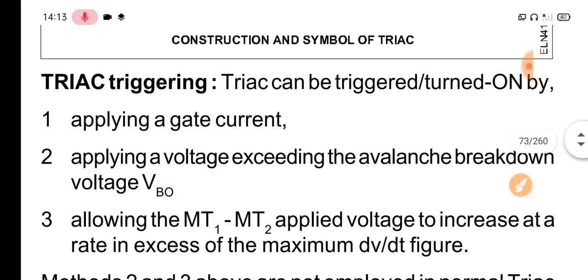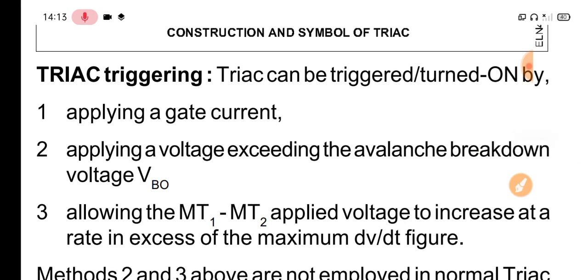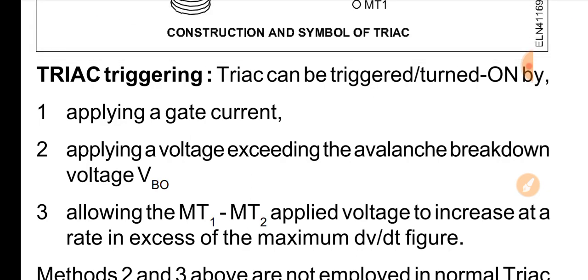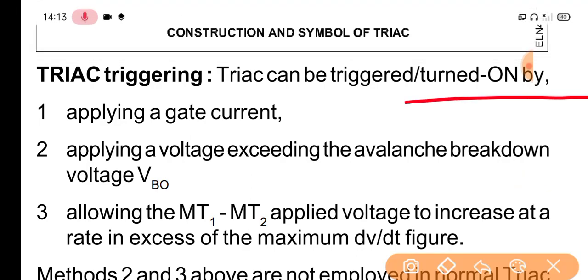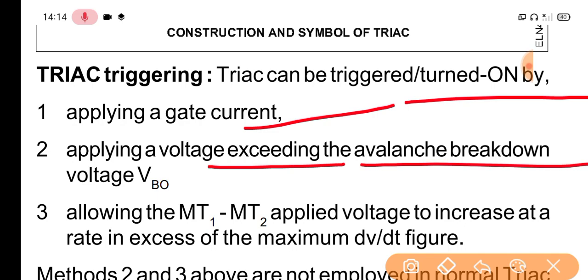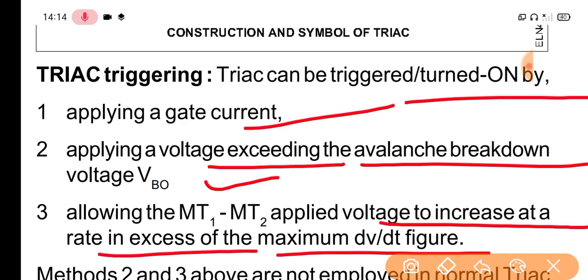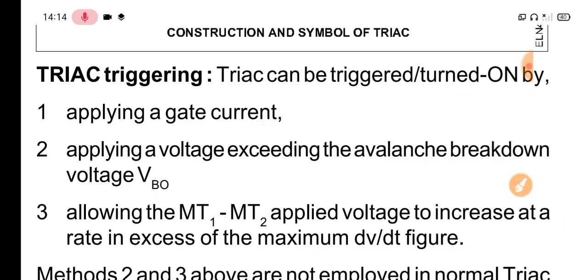A triac can be turned on by applying a gate current, applying a voltage exceeding the avalanche breakdown voltage VBO, or allowing the MT1 minus MT2 applied voltage to increase at a rate in excess of the maximum dV by dt figure.